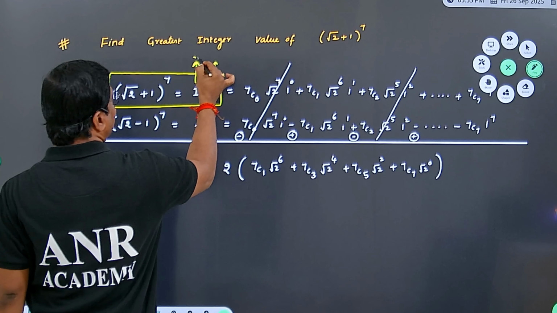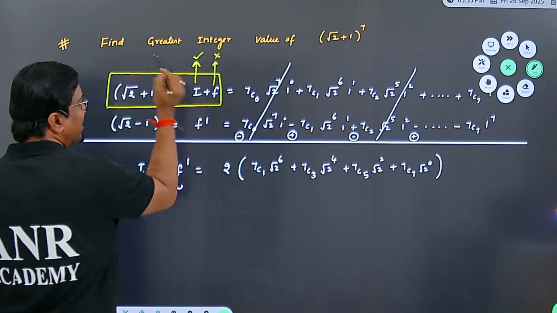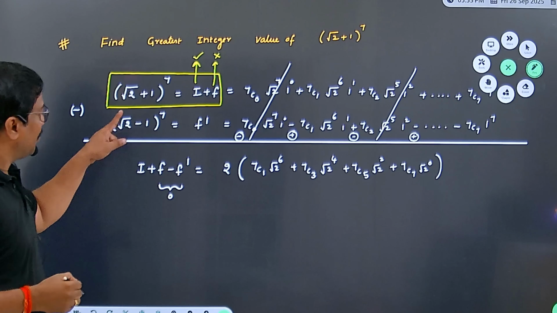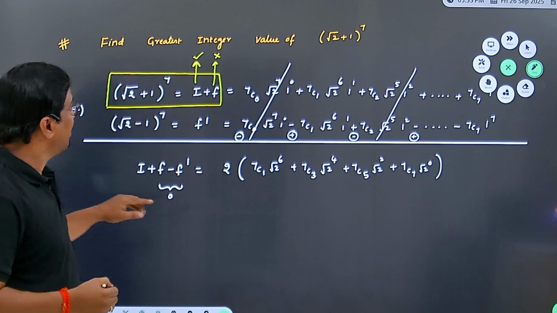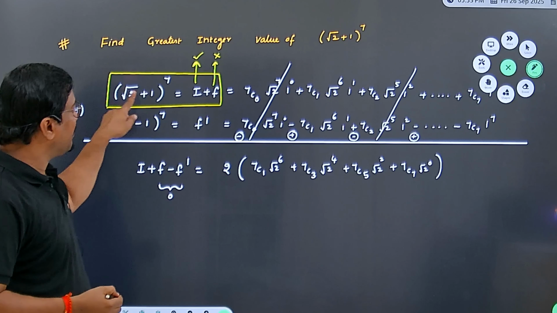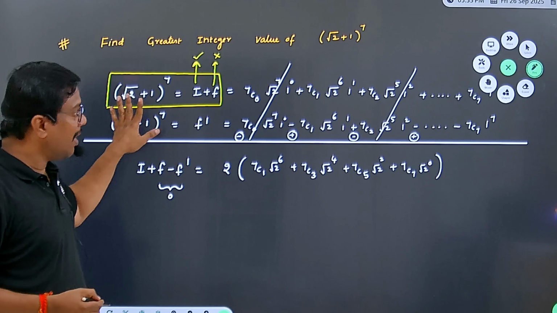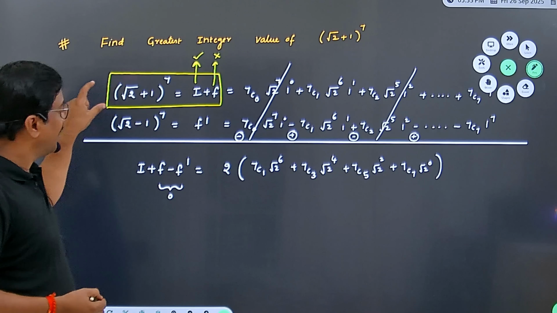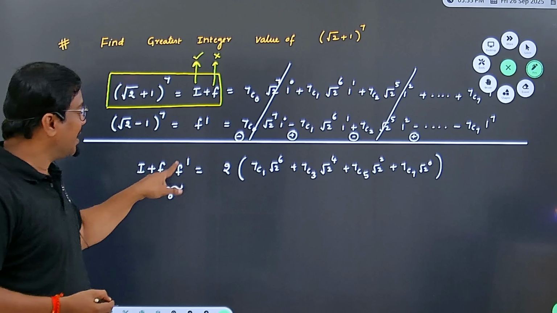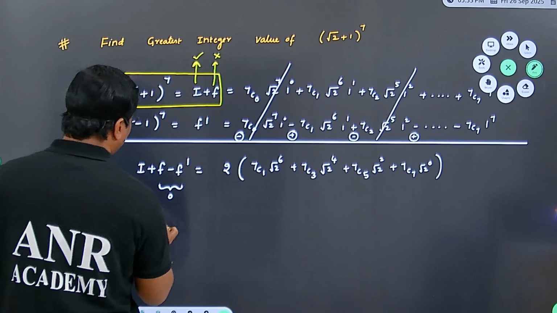We need only the integral part but not the fractional part. So our aim is to find the value of I. You know that f minus f dash is 0 in this case. Why? Because it is of the form root p plus q whole power odd number, root p minus q whole power odd number. If you have that, then you know that f minus f dash is 0. So automatically you will get the value of I.